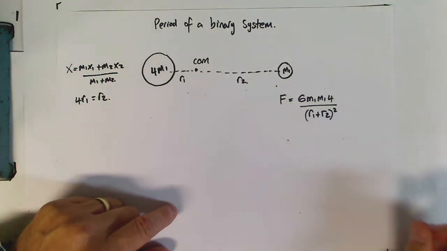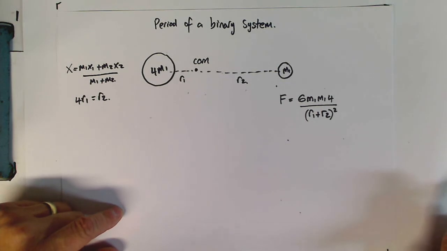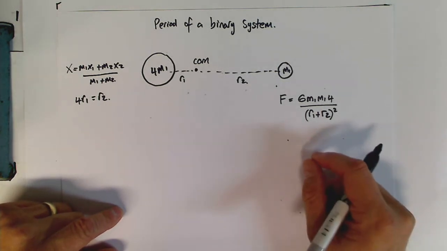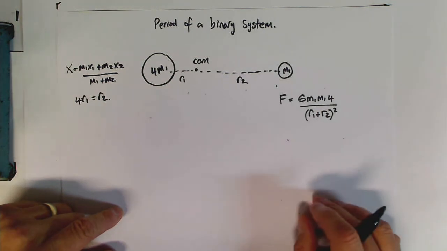We don't have to expand those brackets. We could have just substituted in r2 equals 4r1, and we would have had 5r1 squared, or 25r1 squared. So now we've got the force between them, and that force is supplying the centripetal force to keep those guys going in a circle.